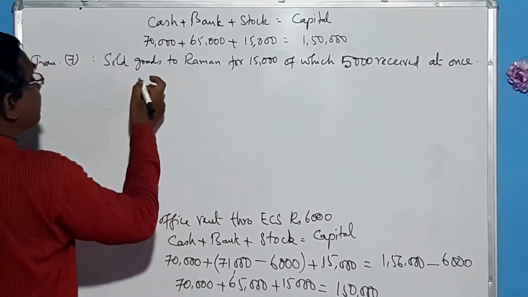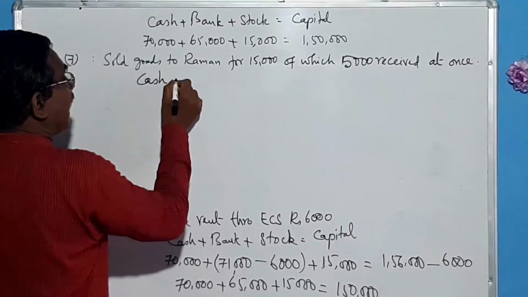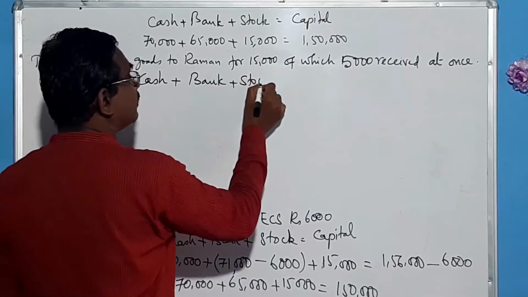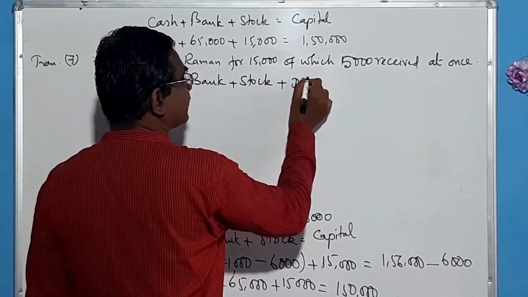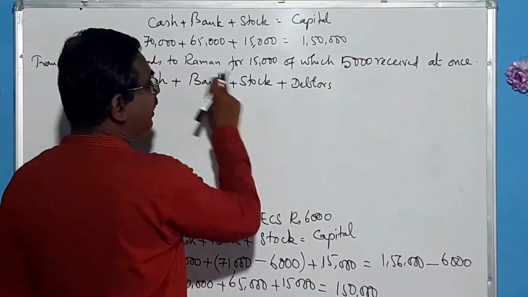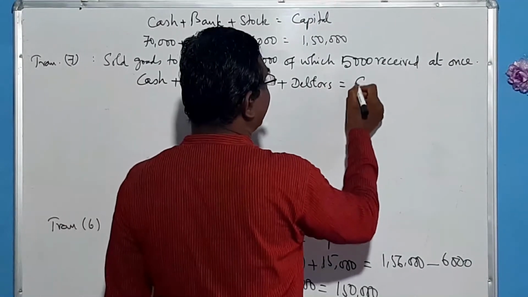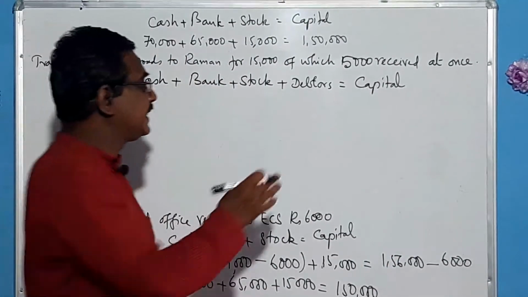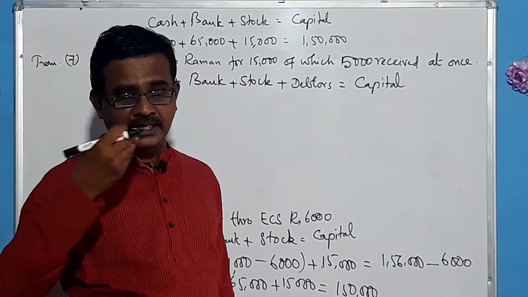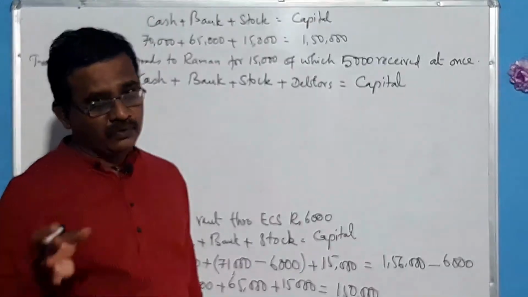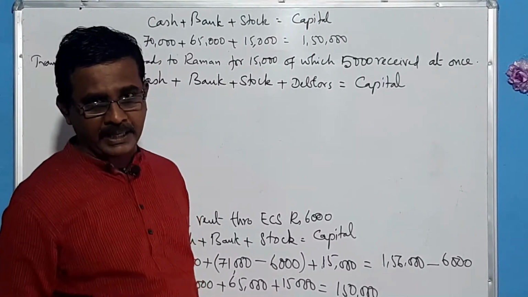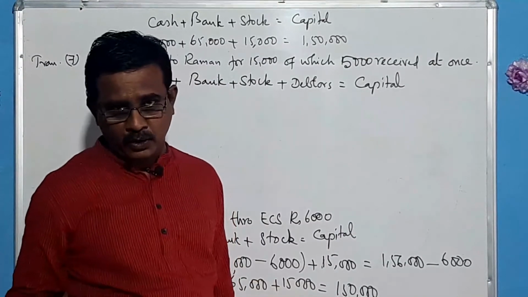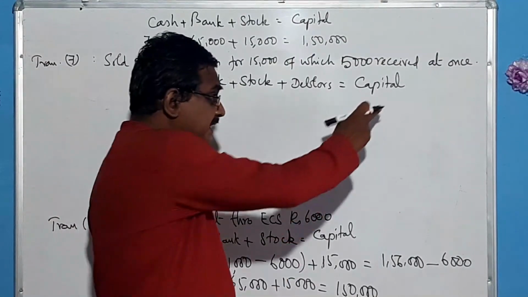So what are the items that can be had? Cash plus bank plus stock plus debtors, because Raman becomes a debtor, and capital. See, there will not be any change in the capital because we have taken stock 15,000 and sold for 15,000. So there will not be any profit. If there is profit, that will be added to capital. Here there is no profit, so there will not be any change in the capital.